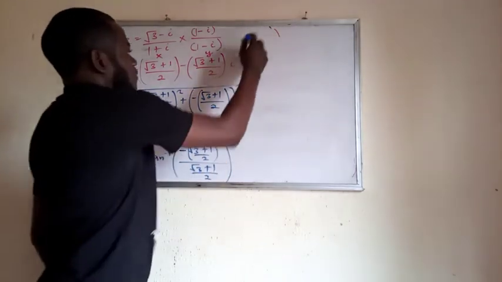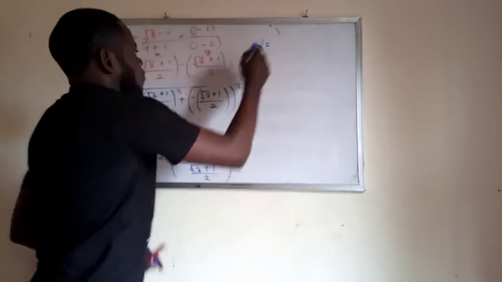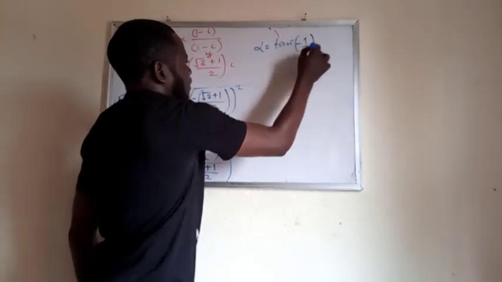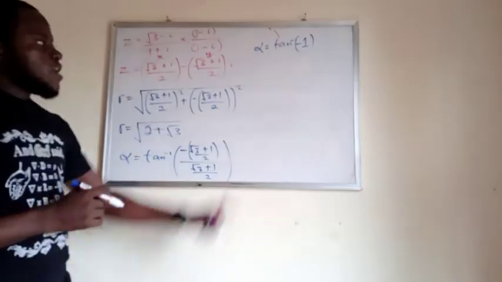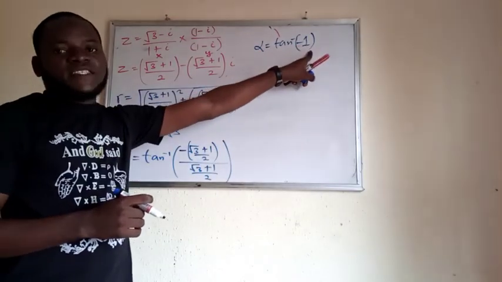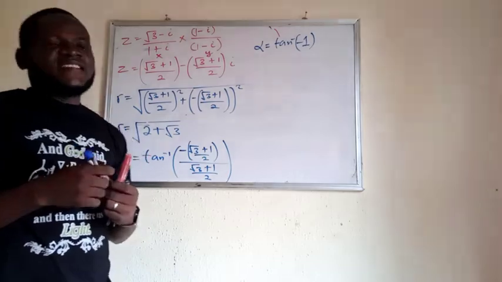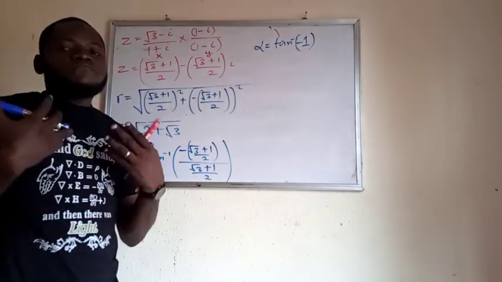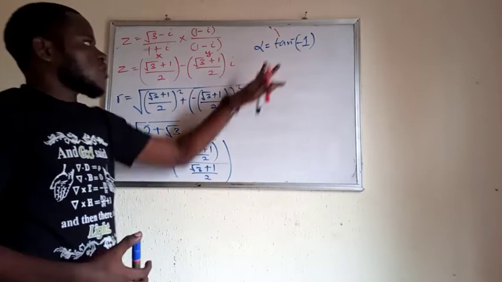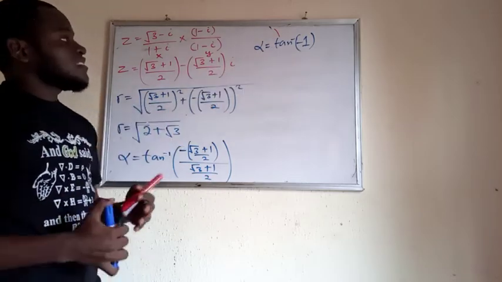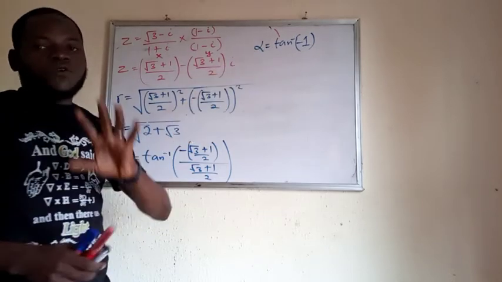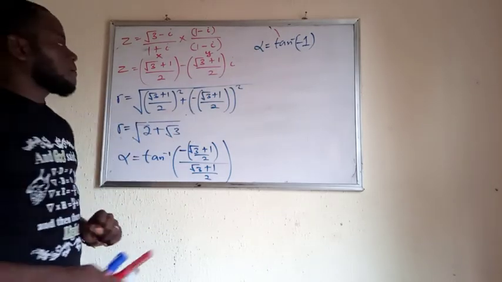So alpha will then equal arctan of -1. So if alpha is equal to arctan of -1, the question now is, alpha is in what quadrant? I know a major problem students face here is determining the quadrant that this particular angle falls into. Don't worry, the problem becomes easier.